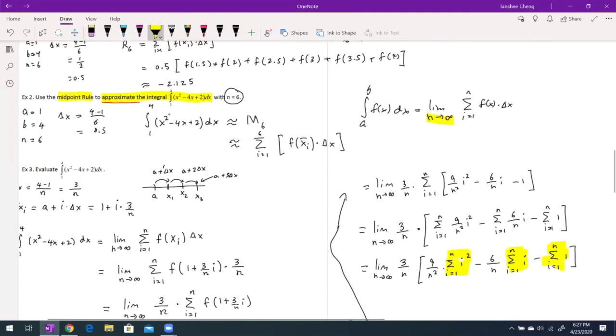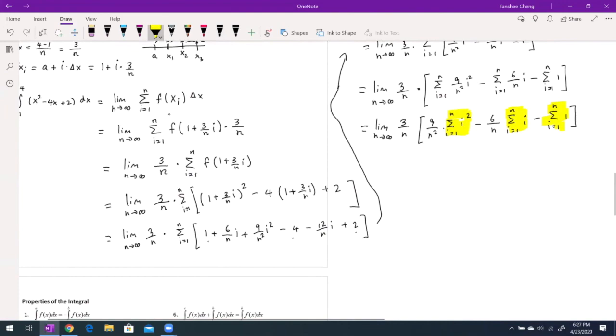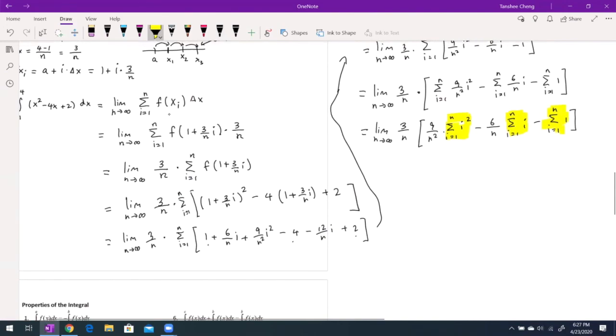So now we can get one step closer to our goal, because we want everything in terms of n, because we need to find the limit as n approaches infinity. So 3 over n times 9 over n squared times n plus 1 times 2n plus 1 over 6 for this particular one.